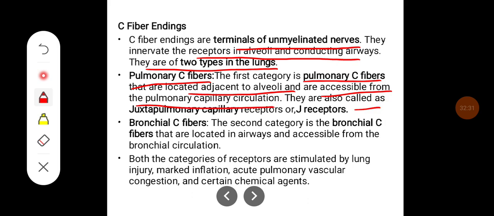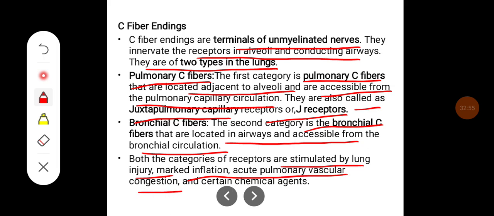They are also called juxtapulmonary capillary receptors, or J receptors. The second category is bronchial C fibers. These fibers are located in the airways and are accessible from the bronchial circulation. Both categories of receptors are stimulated by lung injury, marked inflation, acute pulmonary vascular congestion, and certain chemical agents.